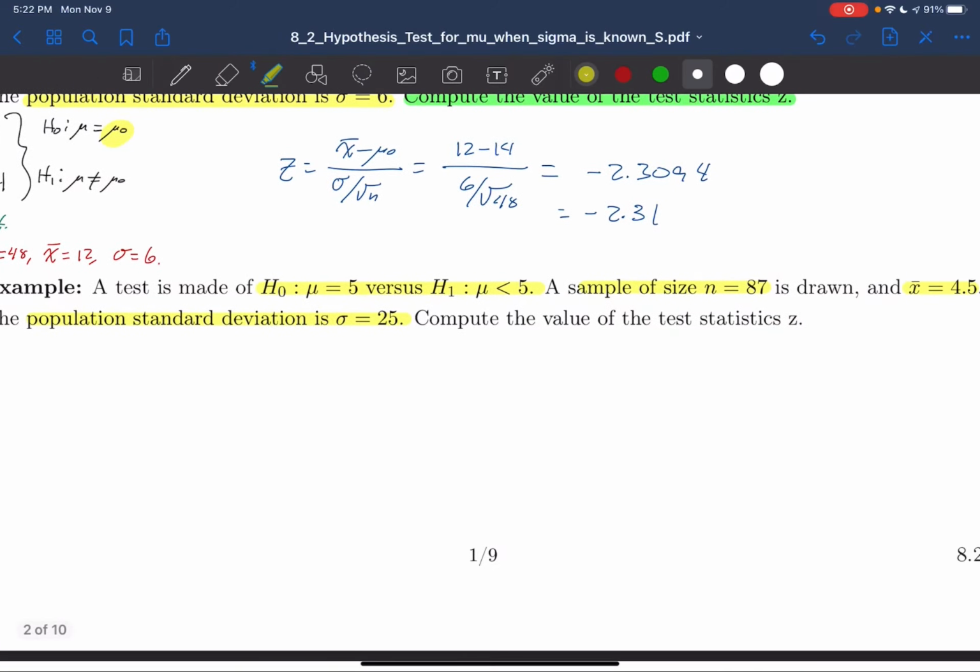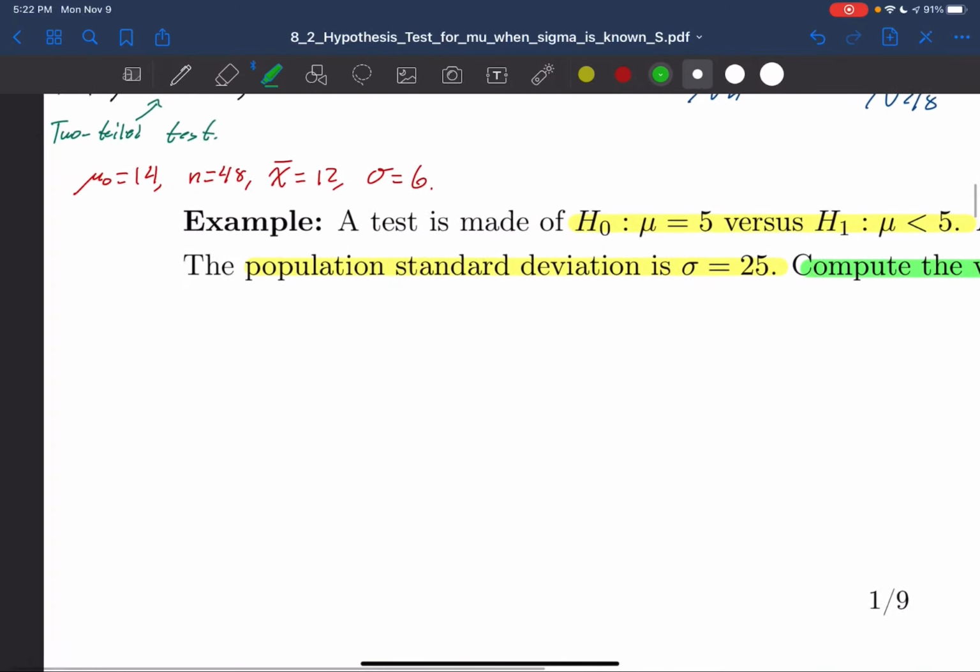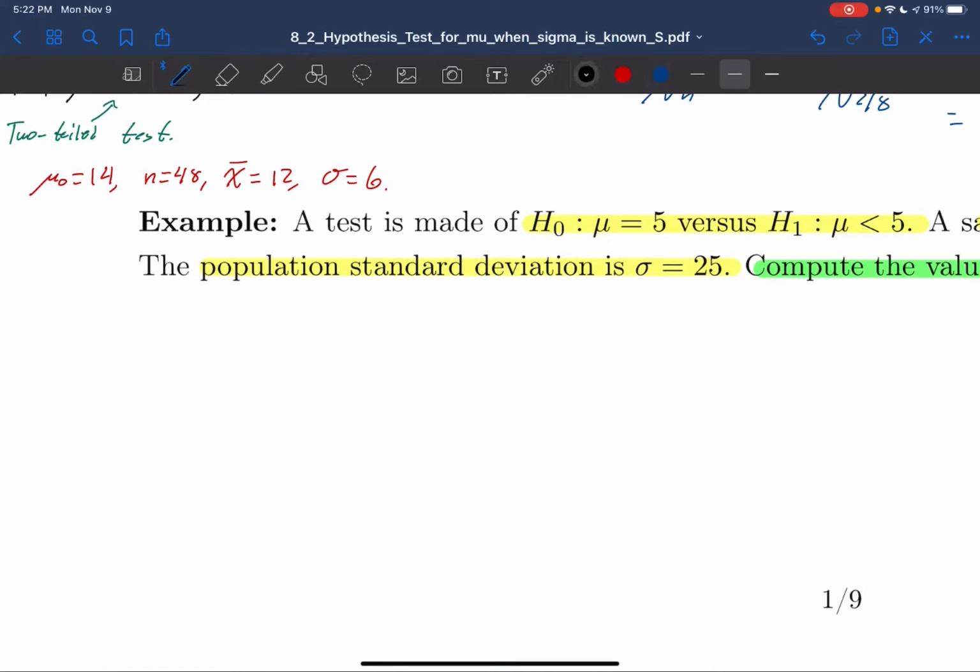We want to compute the test statistic z. So I'm going to write our null hypothesis, mu is equal to 5, and our alternative hypothesis, H1, will be mu is less than 5.